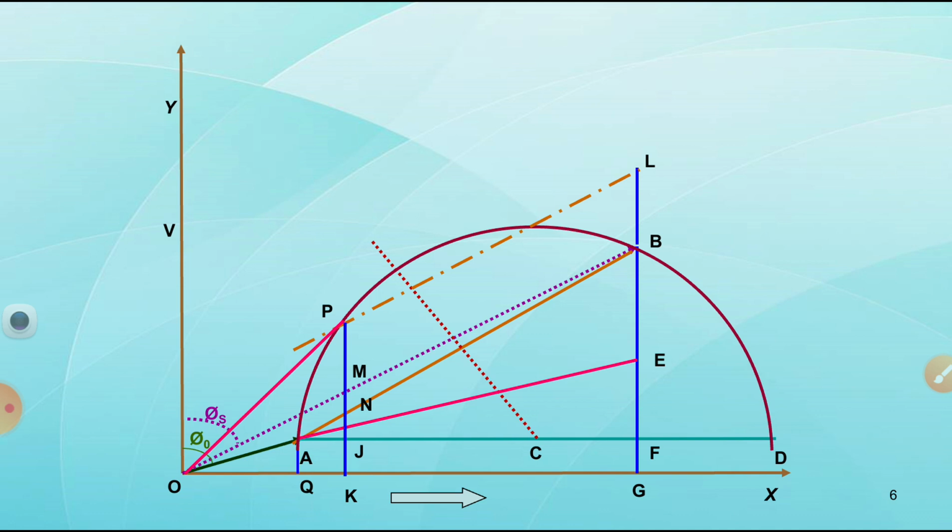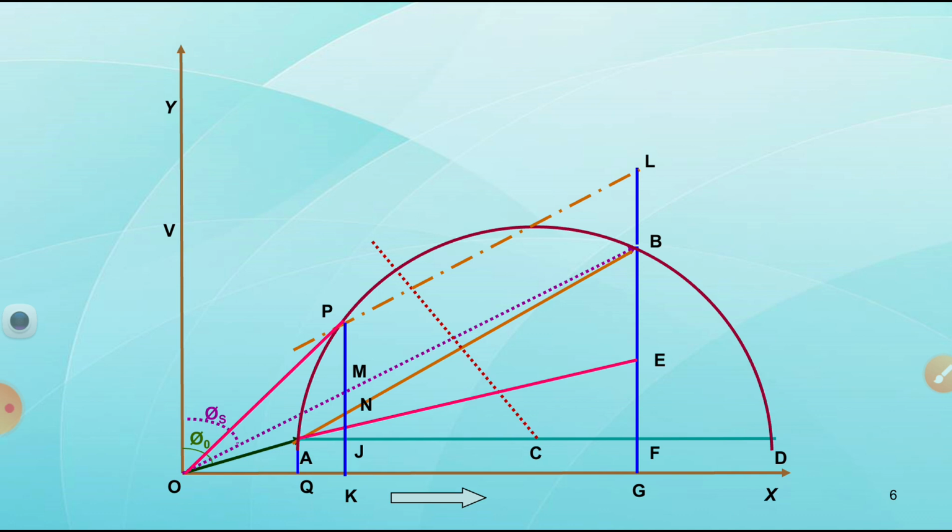The length of the distance PK indicates the total input to the motor, and the length of PM, from point P to the output line M, indicates the total output of the motor. Now, if you know the input and the output, we can easily calculate the efficiency.